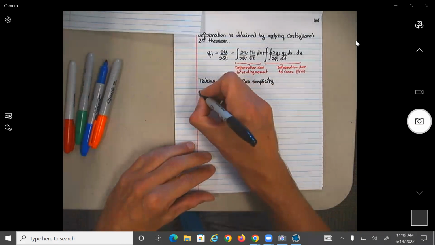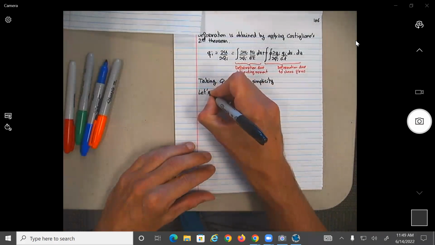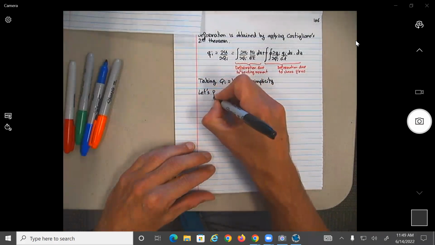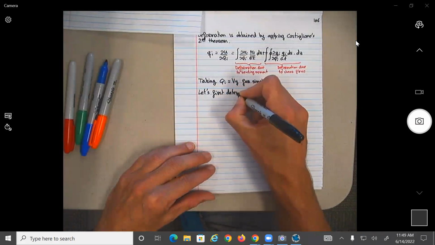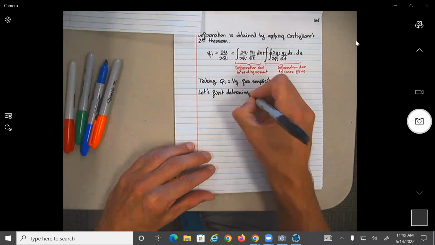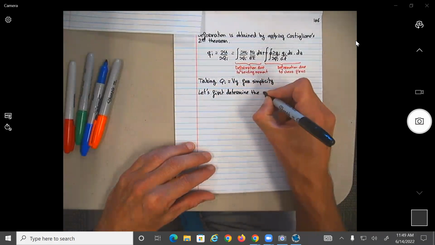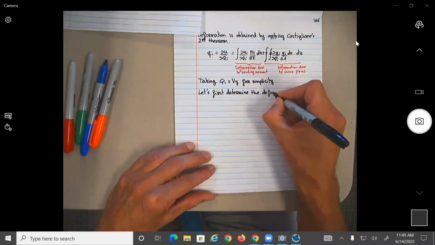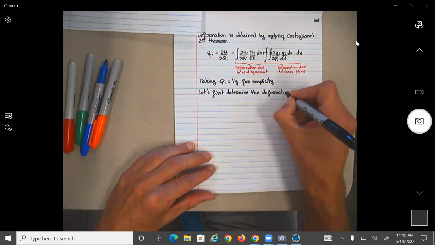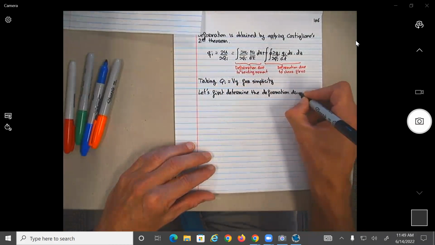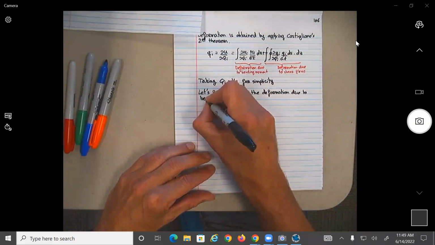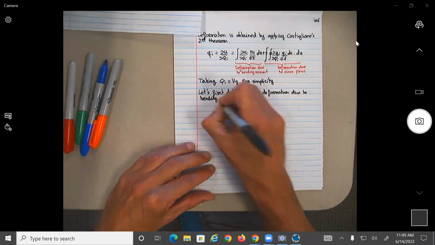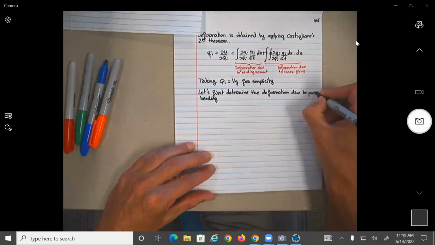So let's first determine the deformation due to bending. Let's say pure bending.